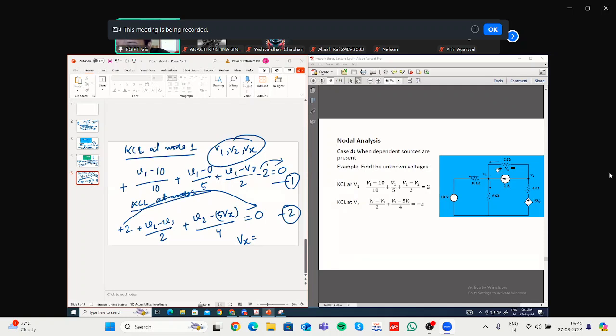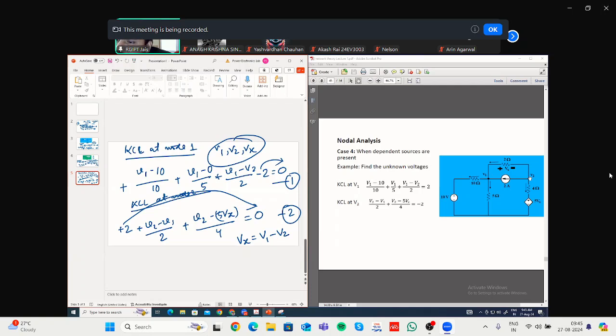If the sign was in the opposite direction, then it would be different. Since positive is on this side, that denotes that V1 will be greater than V2.